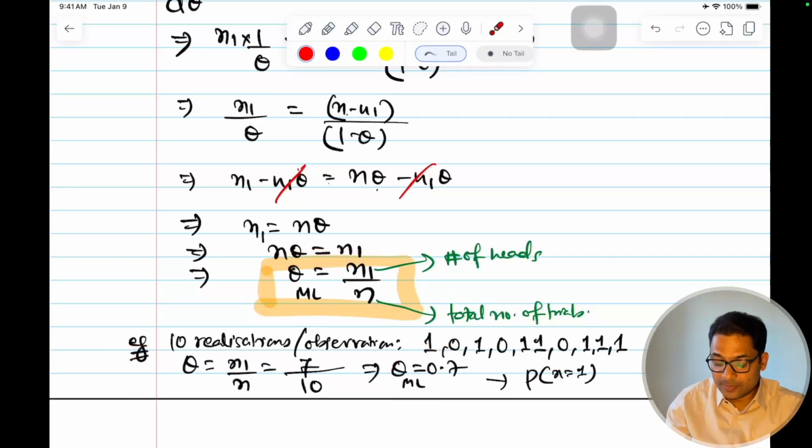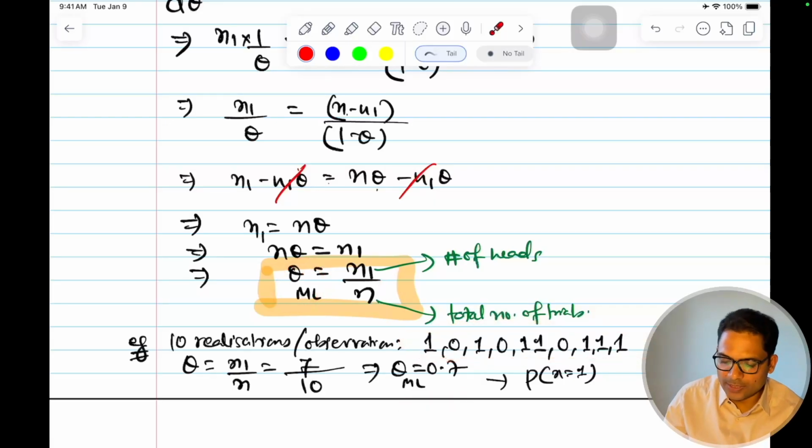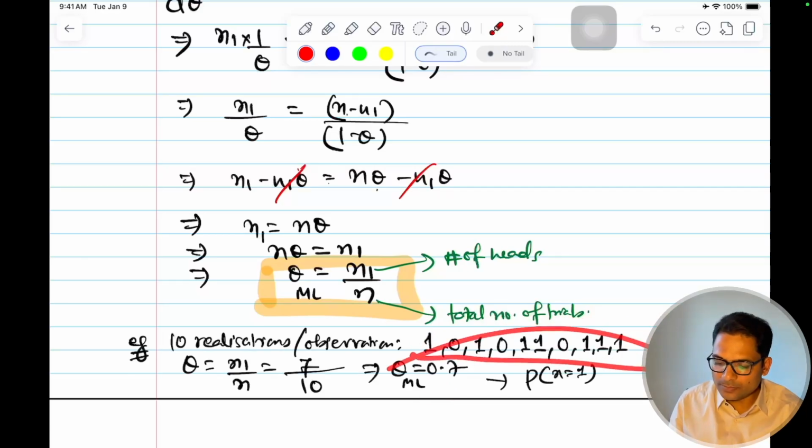If n is very large, it will give me better outcomes. In this random sample, I had 7 heads out of 10, or 7 successes out of 10. I hope the maximum likelihood estimate is clear.